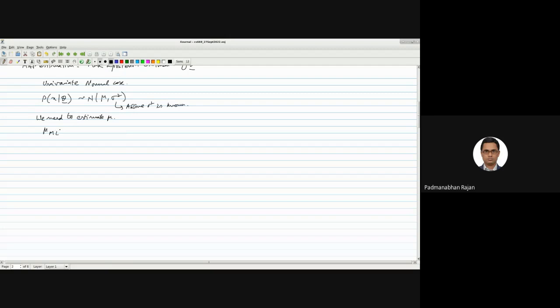Where it becomes 0, that will give you the mu ML. But now what we are going to do is find P of mu given data. So let's apply Bayes rule: P of data given mu into P of mu, by P of D.